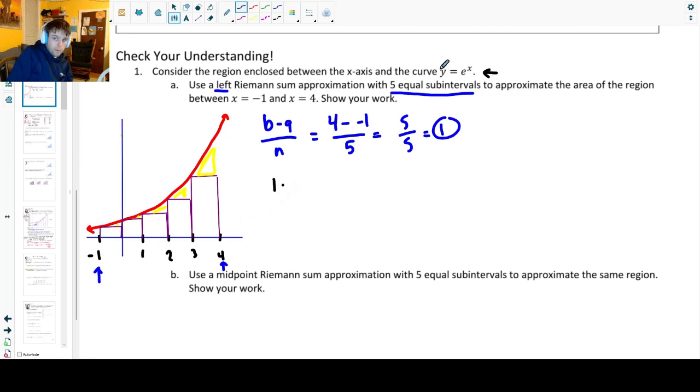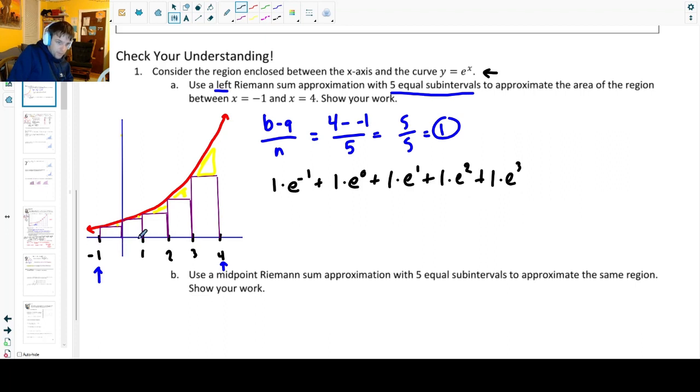So that would be plugging in the x value there at the left side of our interval, so -1, so it'd be e to the -1, plus, again, 1, because that's the width of our interval, times the height, which is going to be located at 0 this time, so e to the 0 power, plus 1 times e to the first, that would be our height here, and then plus 1 times e to the second, that would correspond with our height right here, times 1, again giving us the area of these rectangles, and then finally our last one, 1 times e to the third, because our height is right here at e to the third, and then width of 1. So right here is our calculation of the area.